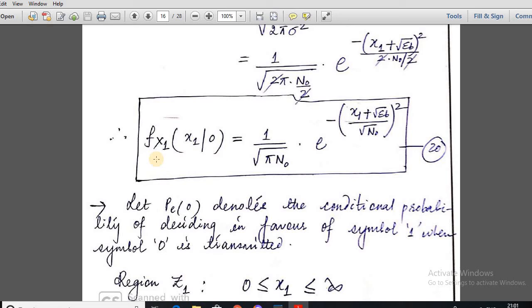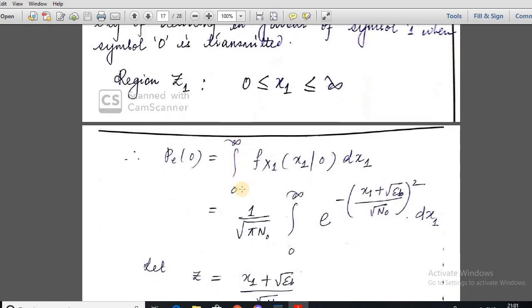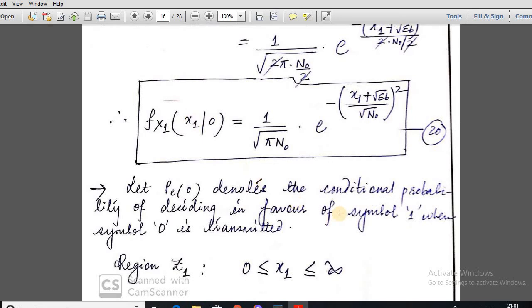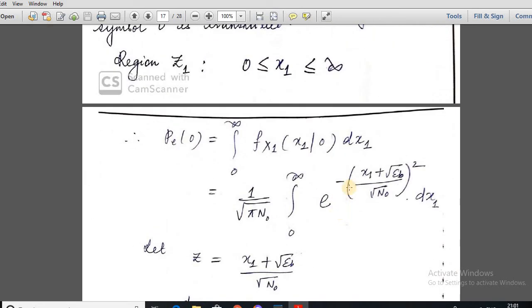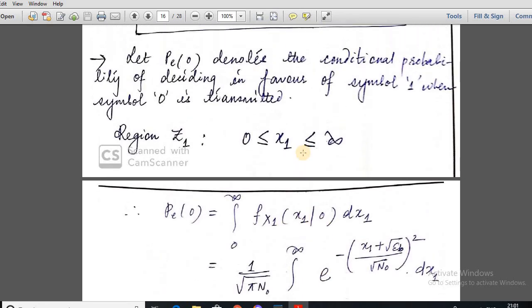Similar thing I have explained. So this is the PDF, and I will integrate that. And what is the integration limit? 0 to infinity. Error will occur only when the received signal point x1 lies from 0 to infinity. So from 0 to infinity you are integrating the conditional PDF expression, whatever we obtained in the previous step.